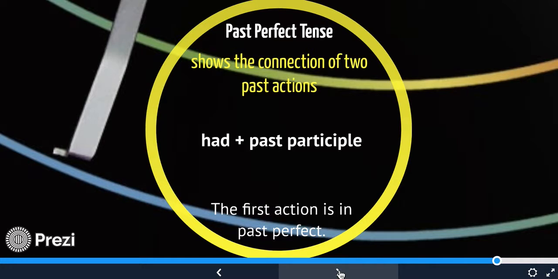A lot of times in spoken English, that is known. You know it. So the Titanic had sunk when help arrived. I had eaten when they got home. But sometimes we leave out that second part of the sentence if you already know it in conversation.